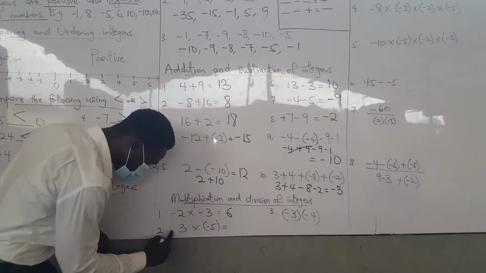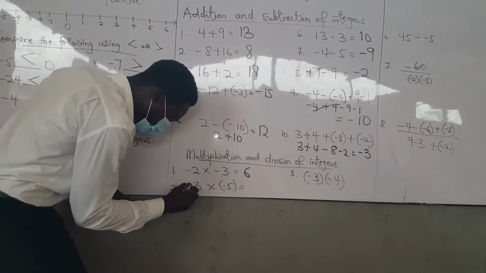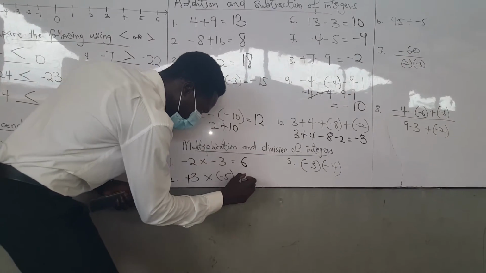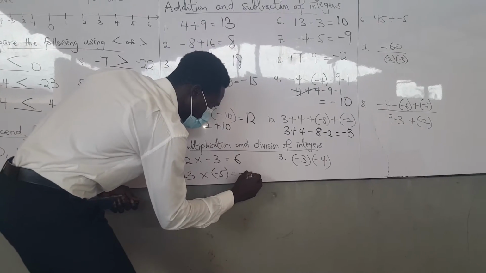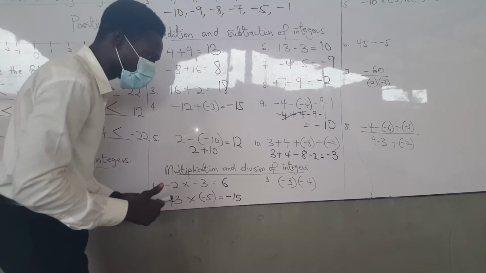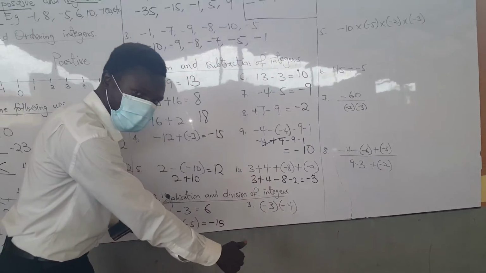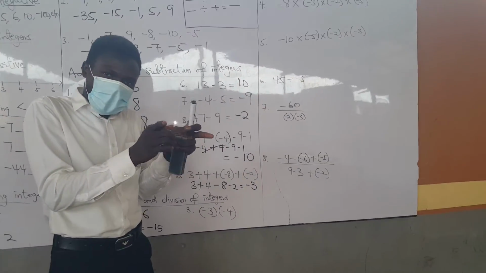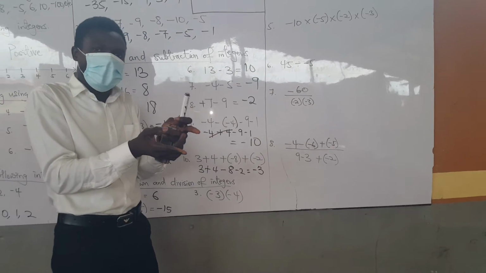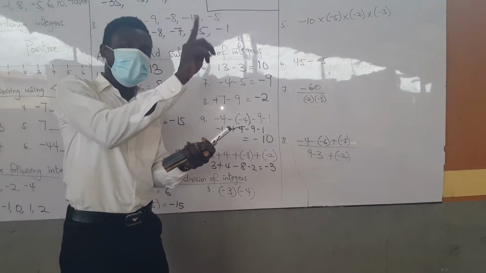So if this is positive, this positive times this negative will give me negative. So 3 times 5 is 15, and this gives me an answer of negative 15. Now when you come to the number 3, anytime you see a bracket, it means you have to multiply the inner by the outer.